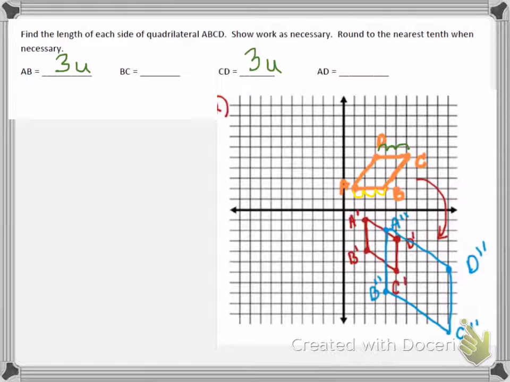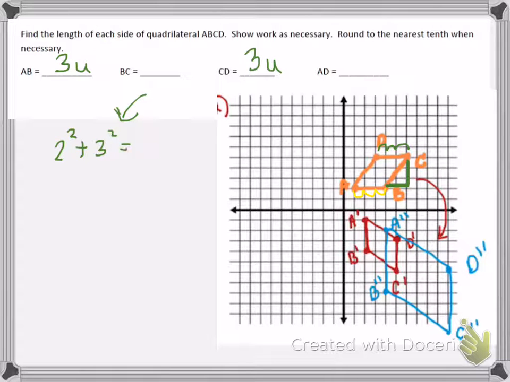And then we need to go back to side BC. And side BC is slanted, and so we can't just count them. We're going to use the Pythagorean theorem for a right triangle to find that BC. In BC, we have a right triangle with sides of 2 units and 3 units.